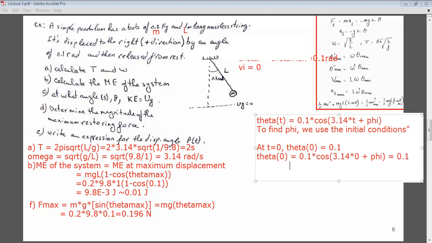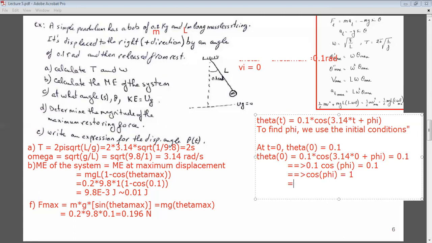Now, how much is 3.14 times 0? It's 0. So I have 0.1 cosine phi is equal to 0.1. I divide both sides by 0.1, so I get cosine of angle phi is equal to 1.